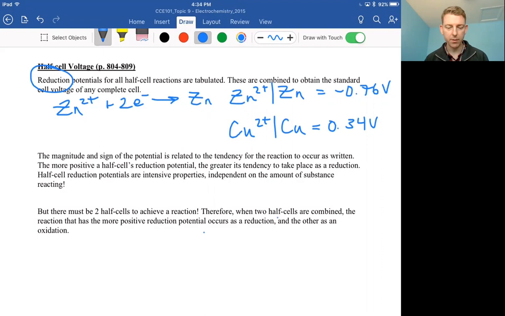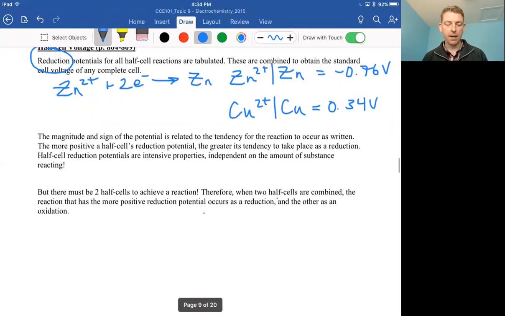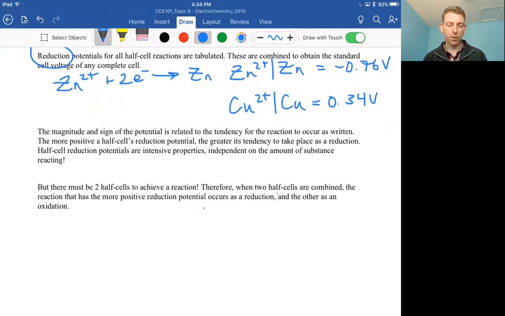What these values are is their tendency to go through the reaction as it's written. So we're always writing it as the reduction reaction. We've said that the more positive the potential is, the more likely it is to happen, and that's still the case. So when we're looking at these and trying to compare them, what we want to know is the magnitude and the sign.